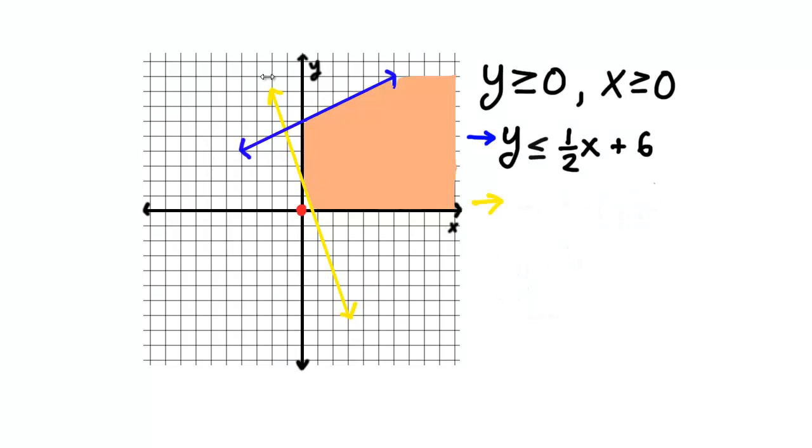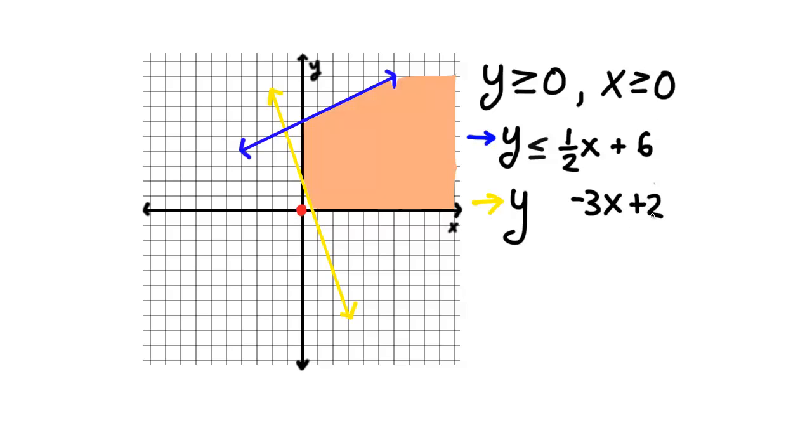Alright, so now let's take a look at the yellow line. We know, again, it's a solid line. And the y-intercept is at 2 and the slope is down 3 over 1, so negative 3 over 1. So the inequality that I want to write will be y, we'll leave this one blank, negative 3x plus 2.